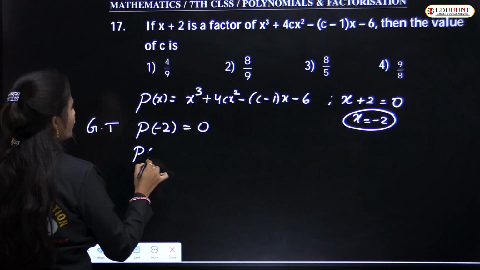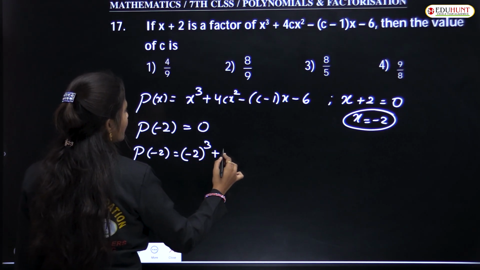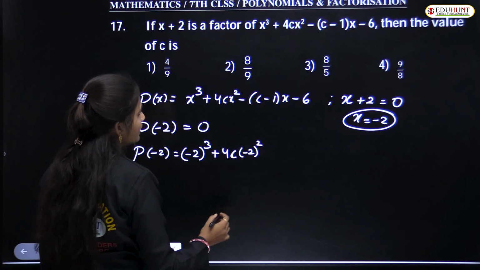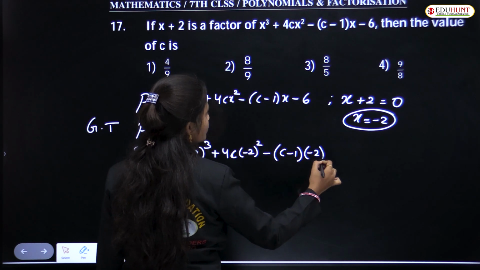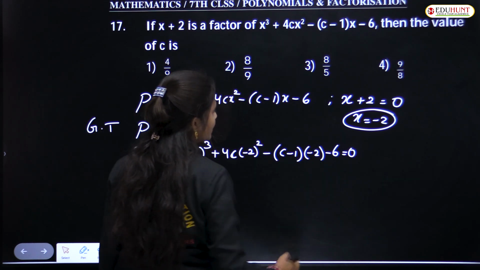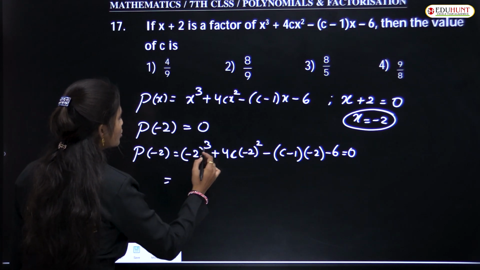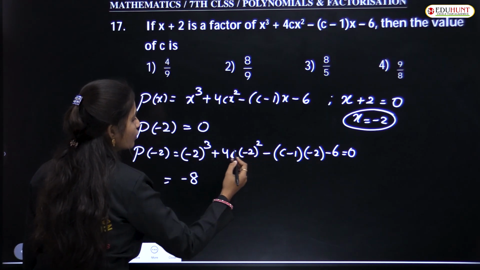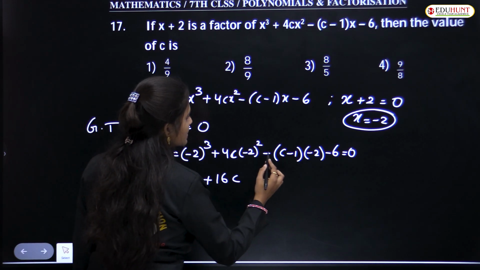So again here, p of minus 2 equals minus 2 whole cube plus 4c into minus 2 whole square minus (c minus 1) into minus 2 minus 6 equals 0. First we need to simplify it. Minus 2 whole cube is minus 8, and minus 2 whole square is 4, 4 fours are 16, so 16c.